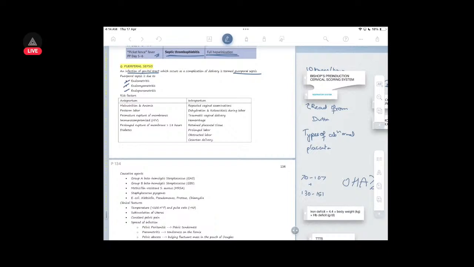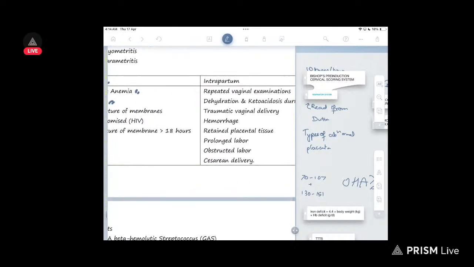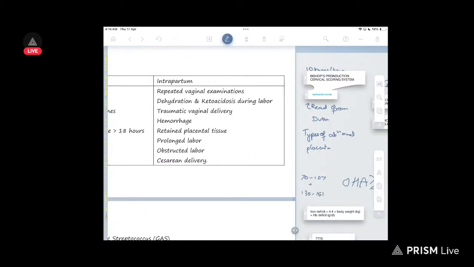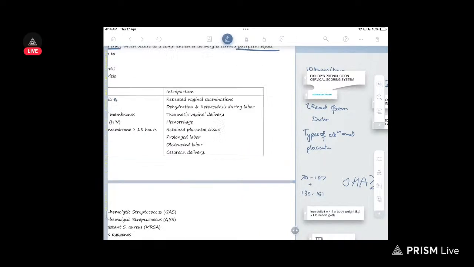Okay, risk factors: antepartum: malnutrition, anemia, preterm labor, rupture of membranes, immunocompromised, prolonged rupture of membranes more than 18 hours, and diabetes. Intrapartum: hemorrhage, repeated vaginal examination, dehydration, ketoacidosis during labor, and traumatic vaginal delivery. Hemorrhage, retained placental tissue, prolonged labor, obstructed labor.